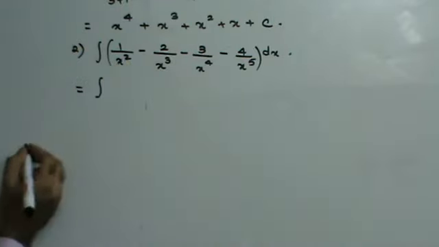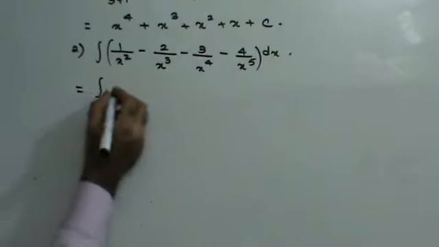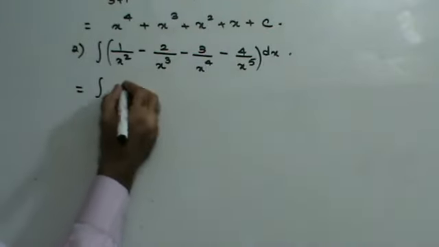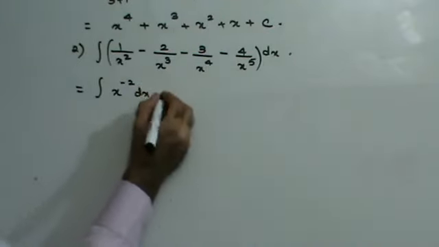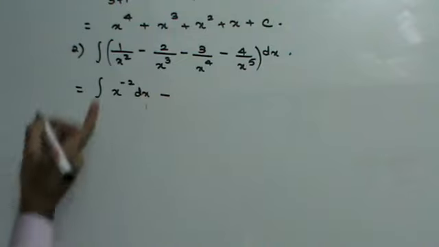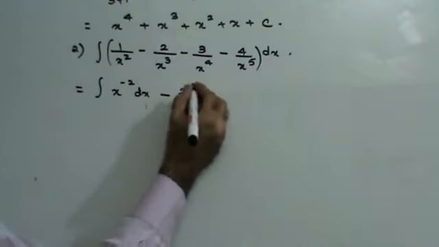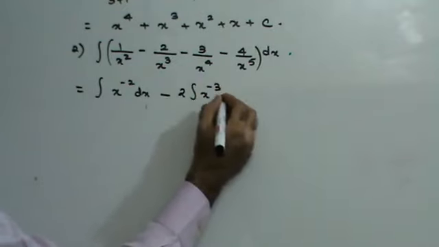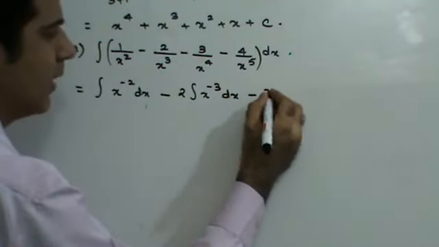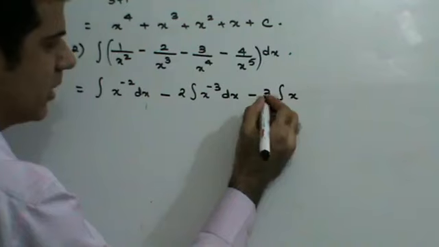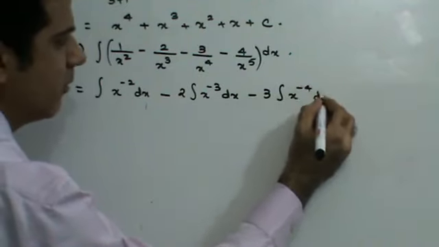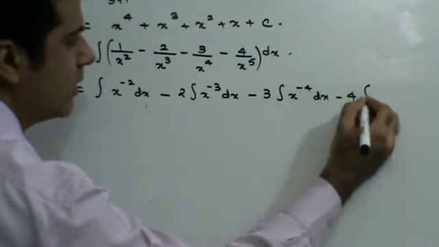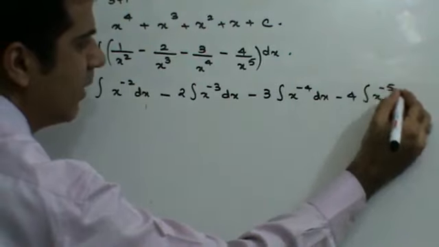If I take this in the numerator, the sign of the index will change. So this will be x raised to minus 2 with respect to x, minus 2, a constant which comes outside the integral sign, x raised to minus 3 with respect to x, minus 3 comes outside the integral sign, x raised to minus 4 with respect to x, minus 4 x raised to minus 5 with respect to x.